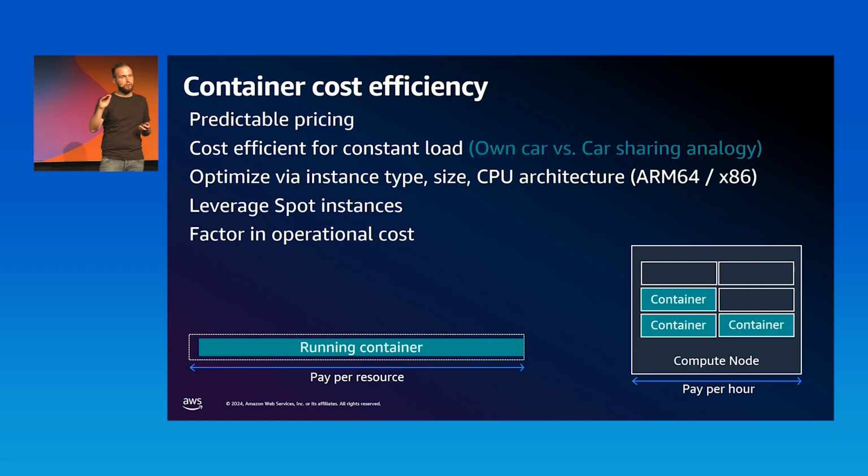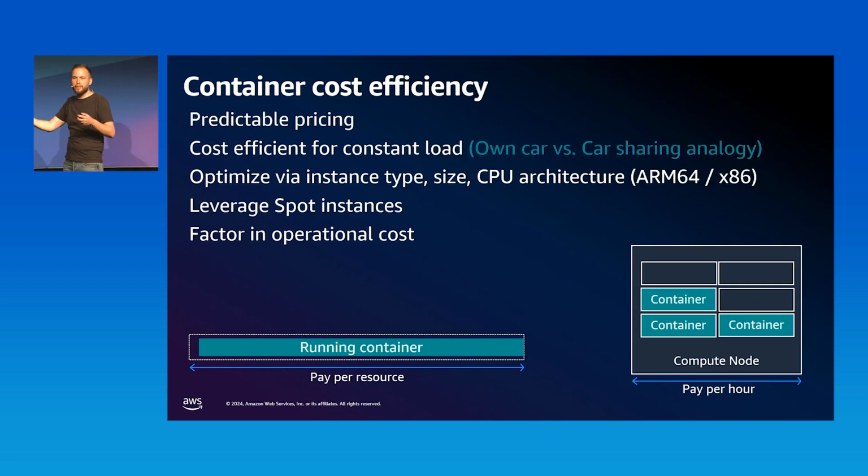So if you have constant load, so you know your application takes 200 requests 24/7 for the whole month, then containers will be more cost effective than Lambda, because you don't need all the flexibility that Lambda brings to you with the scaling, with the automatic patching, and therefore the containers here in that case will make, from a financial perspective, much more sense. And also, however, on the other side, you need to now factor in the operational cost.